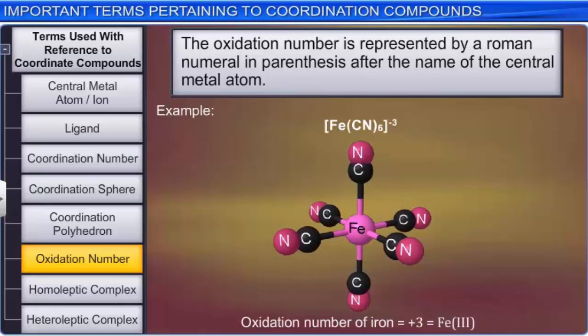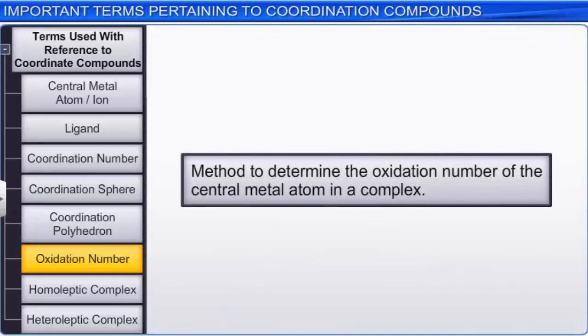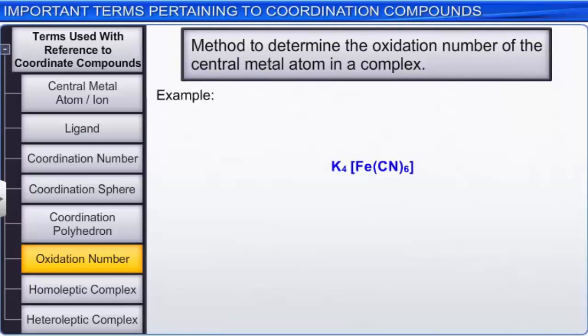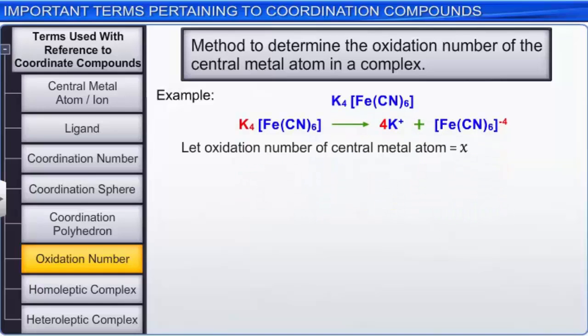Let us learn the method to determine the oxidation number of the central metal atom in a complex. Let's take K4[Fe(CN)6] as an example. As the complex has 4 monovalent cations outside the coordination sphere, the complex ion carries a charge of minus 4. That is, [Fe(CN)6]4-. Let's assume the oxidation number of the central metal atom as X. The cyanide ion is a monodentate negative ion.